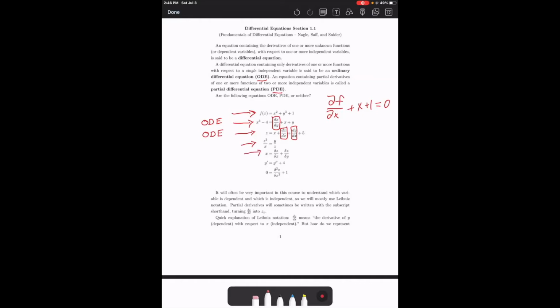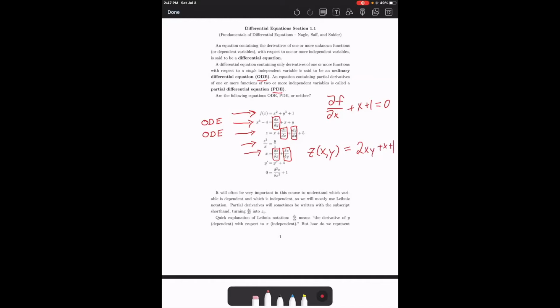Next, we're finally seeing some Leibniz notation here that is in the partial form. We see these deltas instead of d's. So remember, what that means is that this z function must actually have a couple different variables in it. And you can see there's a delta z delta x and a delta z delta y. So z may look something like z of xy is equal to, and then whatever, maybe it's 2xy plus x plus 1, whatever.